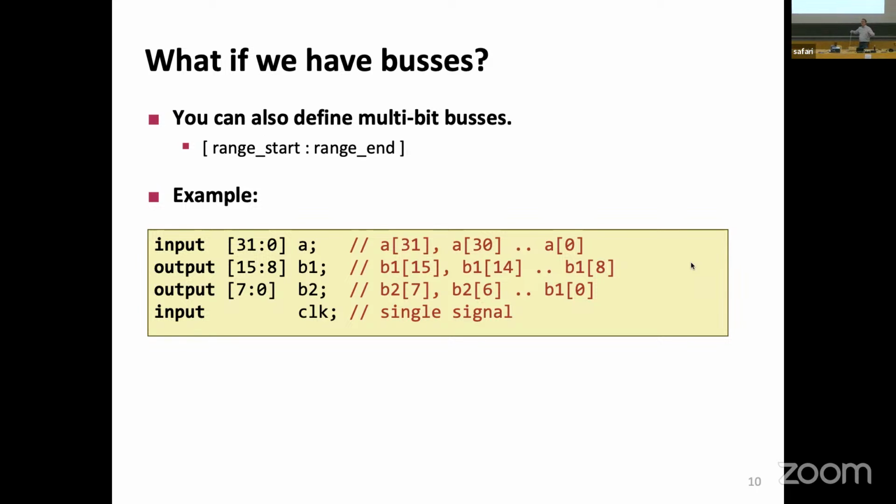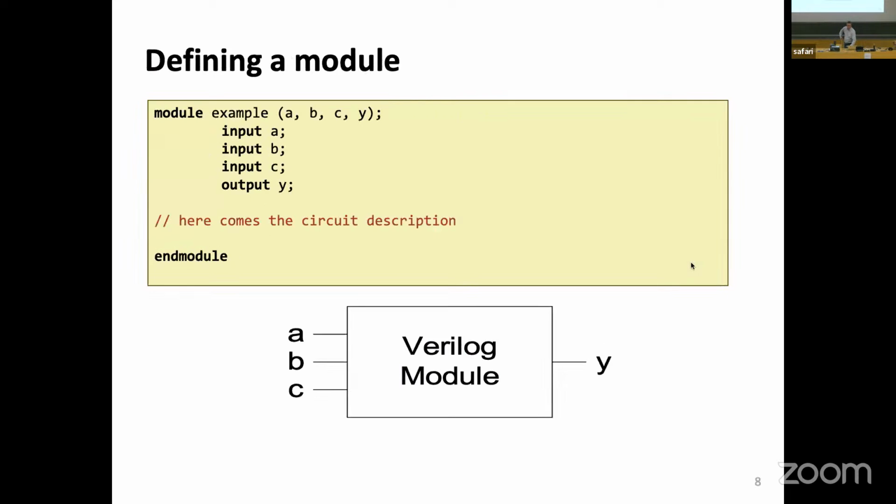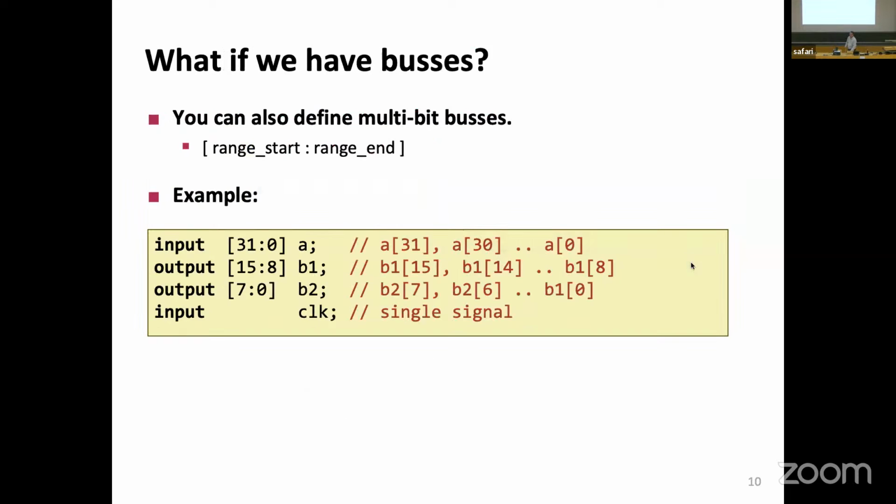If you are defining your module and you have a 64-bit bus, you might be tempted to write A0, A1, A2, A3, and then next B, etc. In case this is a 128-bit value, you can just say A 127 to 0, or 0 to 127, or 1 to 128, MATLAB style. Okay, good.